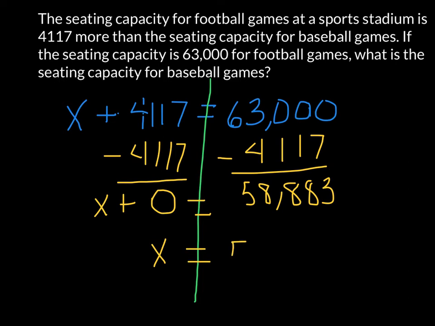I can rewrite that now without the 0. x equals 58,883. So we use the subtraction property of equality in order to subtract the same number from both sides of an equation to get a true statement.